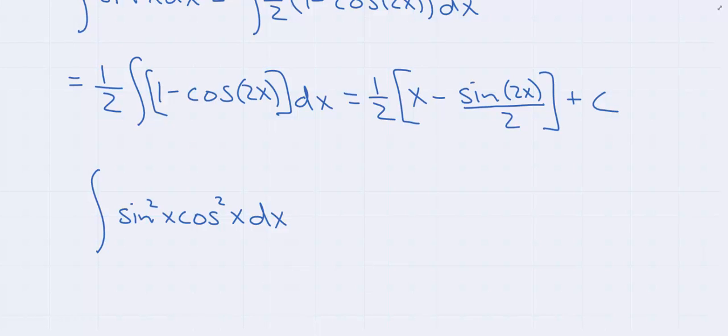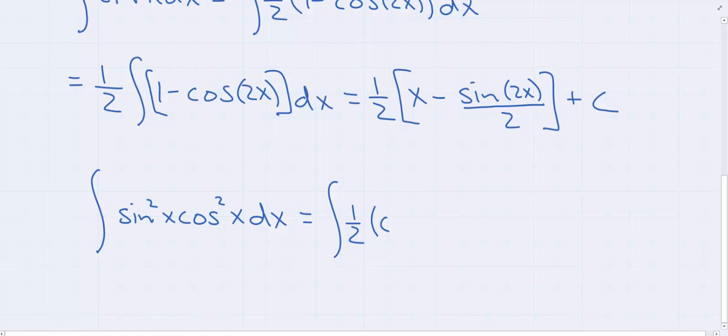You're not going to let u be sine or u be cosine because that's not going to really help you. But what you can do is replace the sine with this power reducing identity. So let's do that.